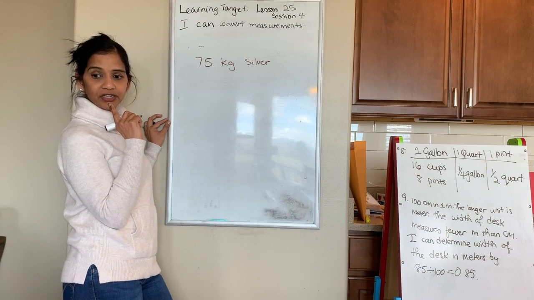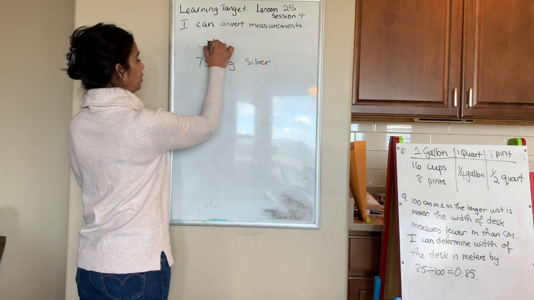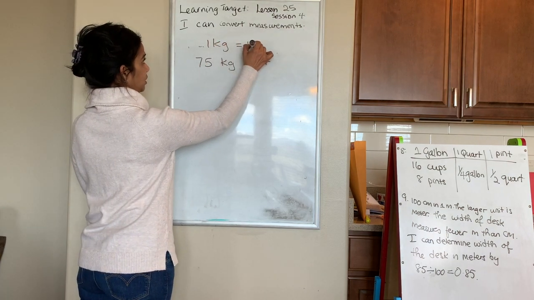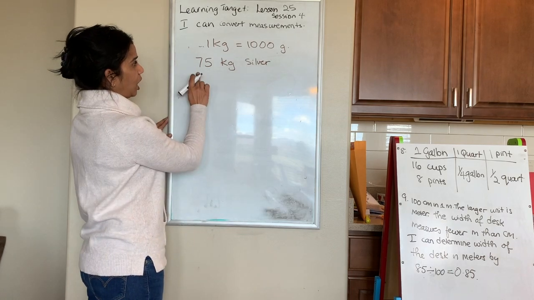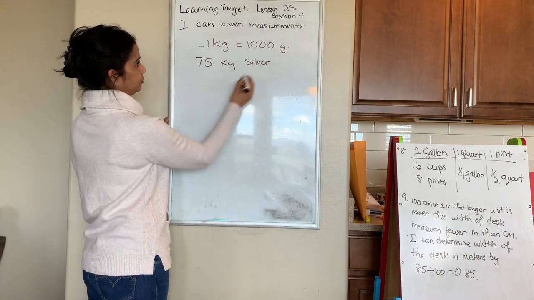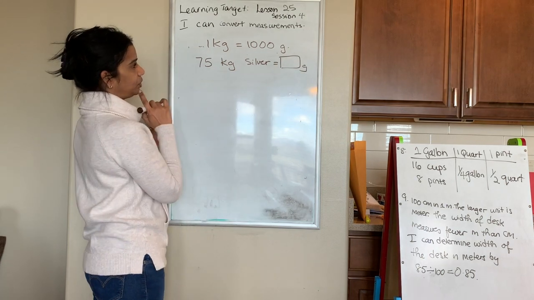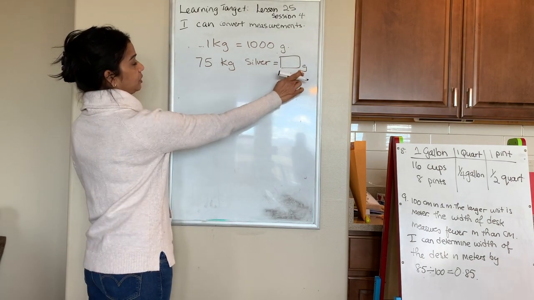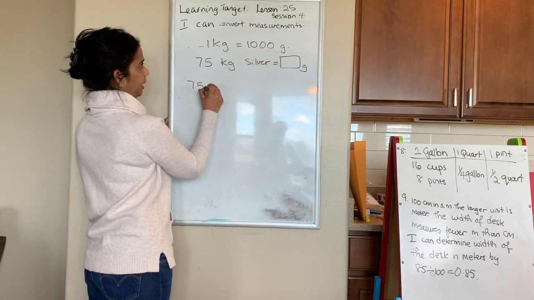How many grams are equivalent to 75 kilograms? So we know that 1 kilogram is equal to 1,000 grams. You have to know that. So how many grams is 75? Because we want to know what is that number in grams. What do you think we do? This is going to yield a bigger actual number, so we multiply.